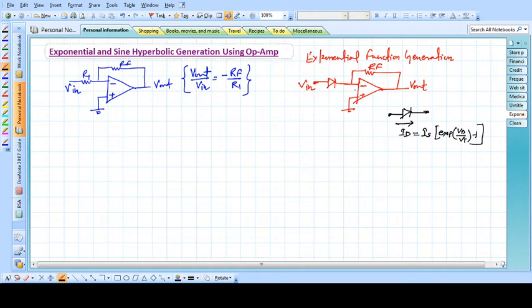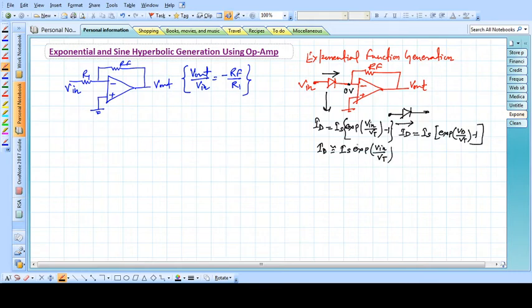Now this potential is zero potential, and this is V in. This current ID is some saturation current into exp of V in minus 0 by Vt, minus 1, or in general, by taking approximation, it should be Is times exp V in by Vt.